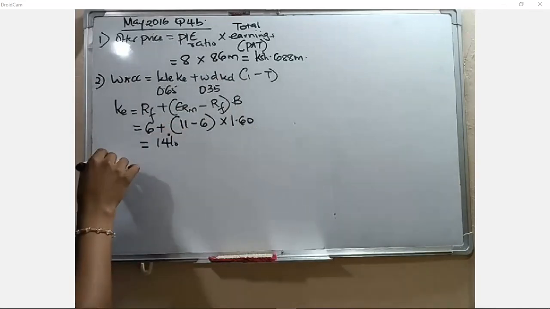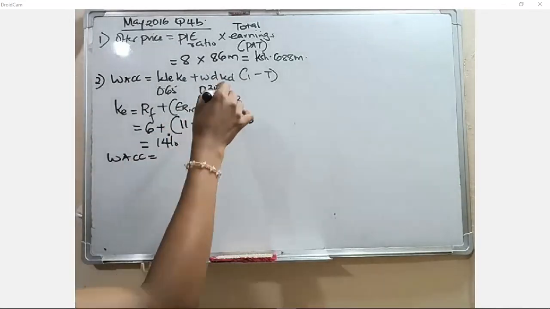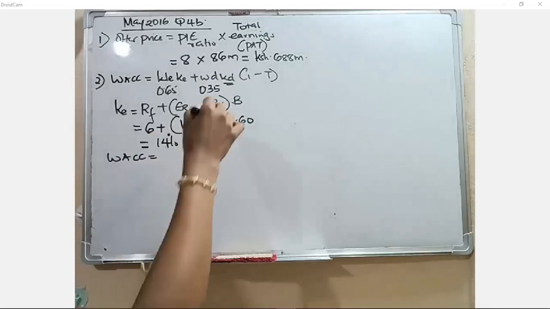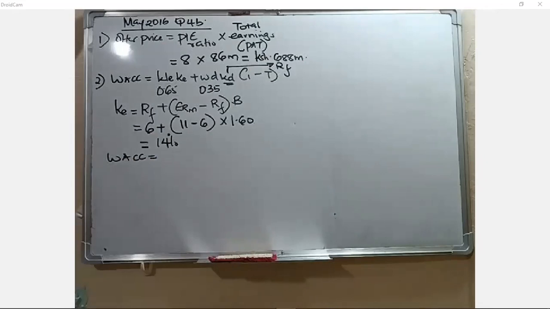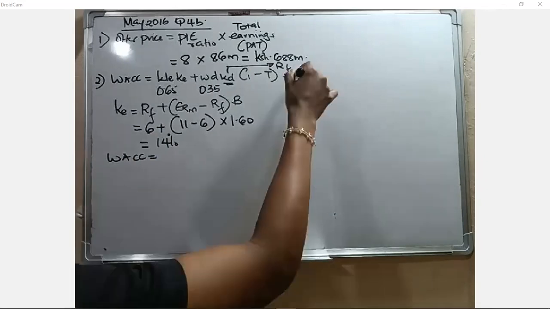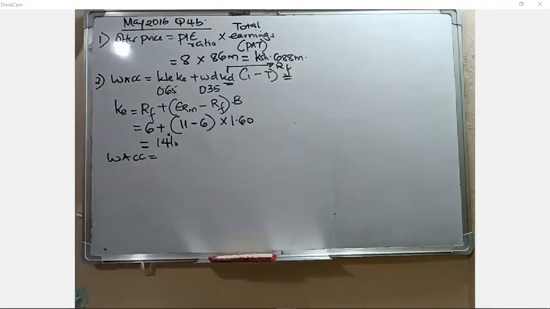So to calculate the weighted average cost of capital, remember we said for the cost of debt we normally take the risk-free rate of return. But when you look at our question here, we have been told that after the acquisition of Tiny Limited, UG Limited would have a cost of debt of 7.4% before tax.